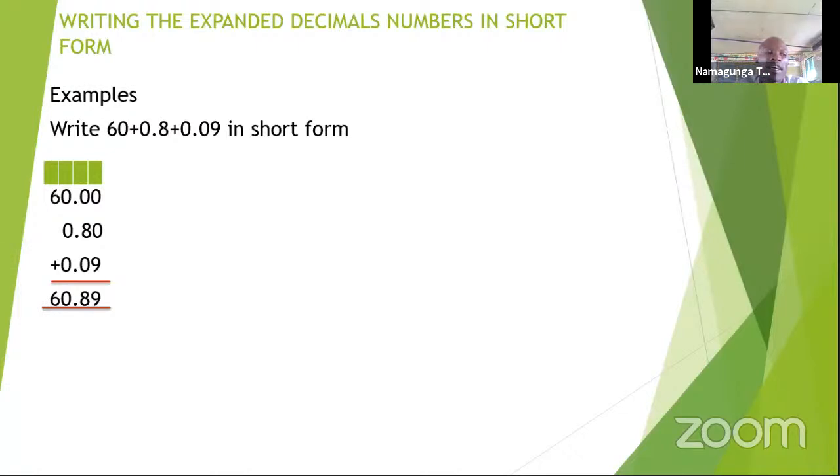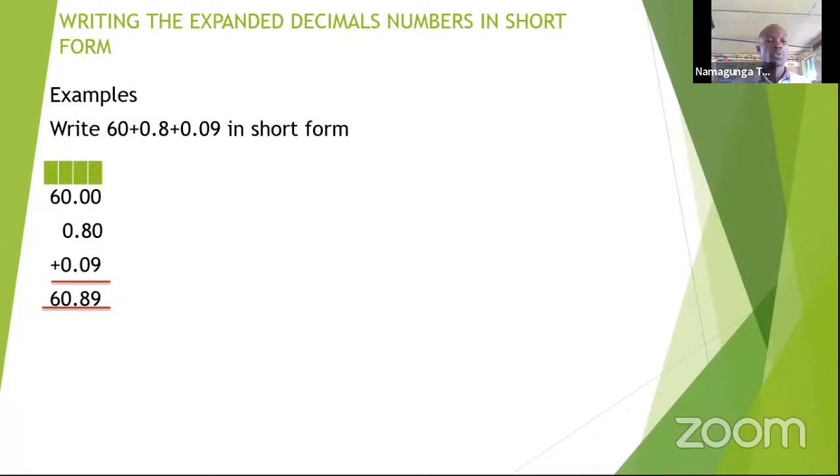I guess we are together. Writing the expanded decimal numbers in short form. Are you all able to see? That's good if you're able to see what we have displayed there.